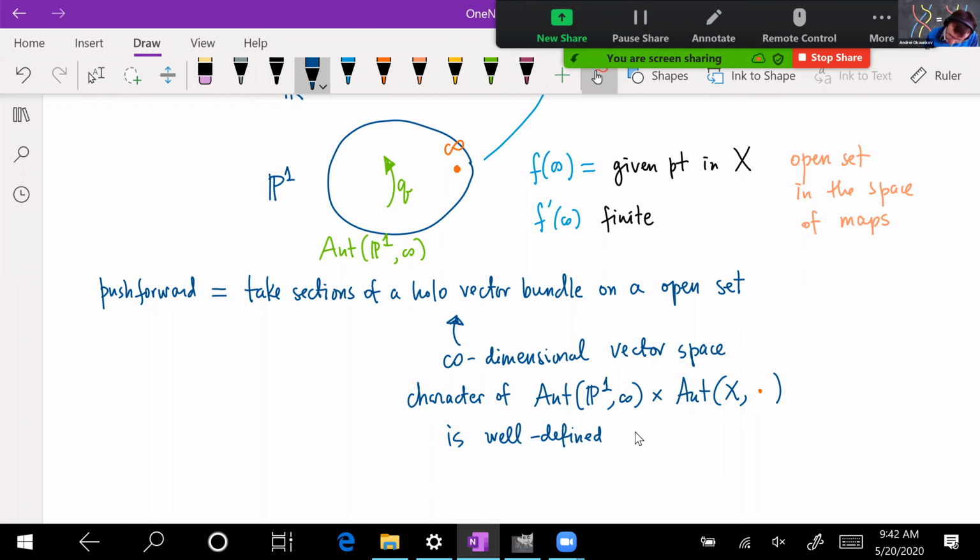And in fact it is a rational function, for a given degree D, which is the degree of this map F.